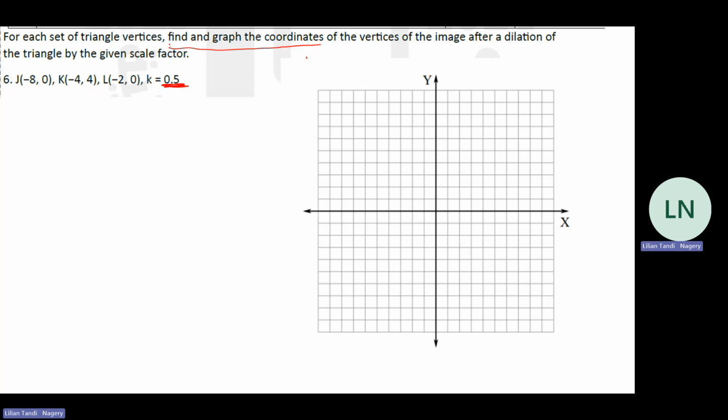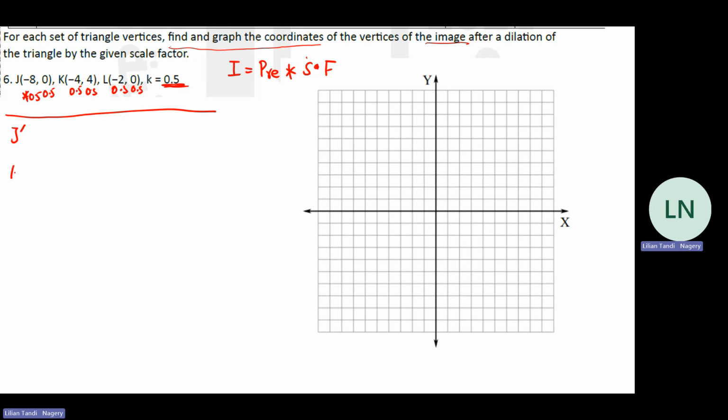So what do we want? We want image somewhere here. Image equals pre-image times scale factor. Okay? That's the canon. To get the image, you must multiply the pre-image with the scale factor. So multiply everybody with 0.5. Everyone. Okay? Then you write your answer.